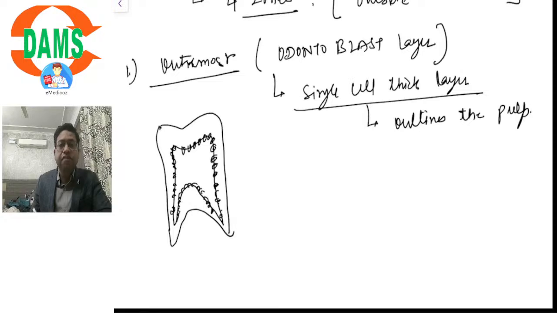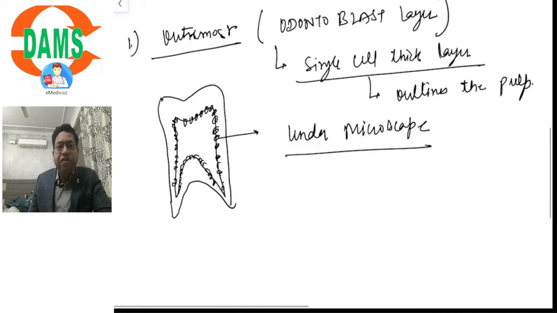And how do we identify it? We see this layer under the microscope. It is a histological appearance. But when we see the odontoblast layer of the dental pulp under the microscope, it appears 3 to 5 cell layers thick.